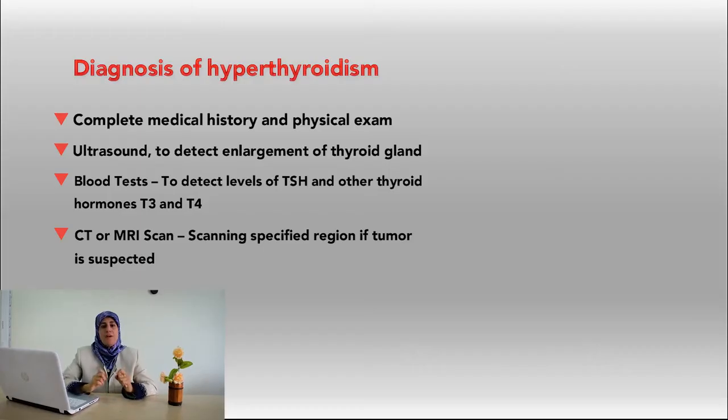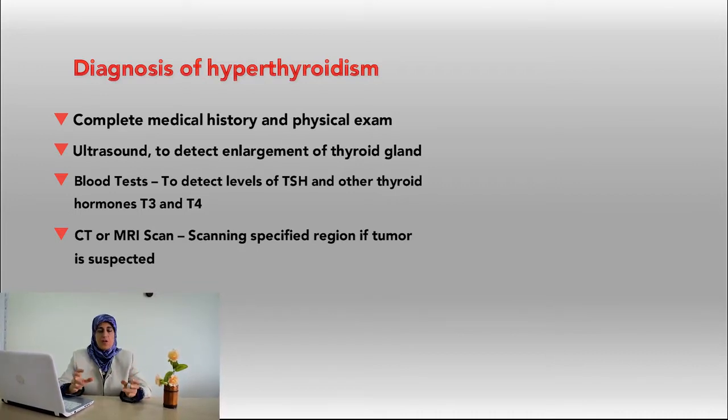Now, maybe you ask me how we can diagnose hyperthyroidism. As we said, we have many clinical manifestations, or many signs and symptoms, of hyperthyroidism. First thing is taking a full history.